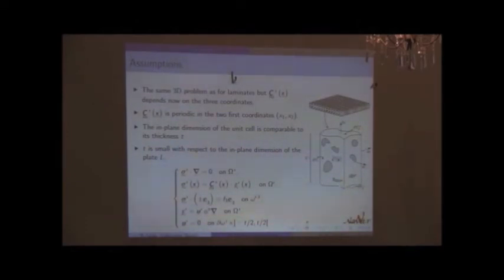Anyway, formally, it is extremely similar to what I presented. You can perform an asymptotic expansion and do exactly the same developments I've presented. The only difference is that instead of separating the out-of-plane coordinate from the in-plane coordinates, you will have at the macroscopic level the in-plane coordinates, and at the microscopic level, the RVE, so 3D coordinates.